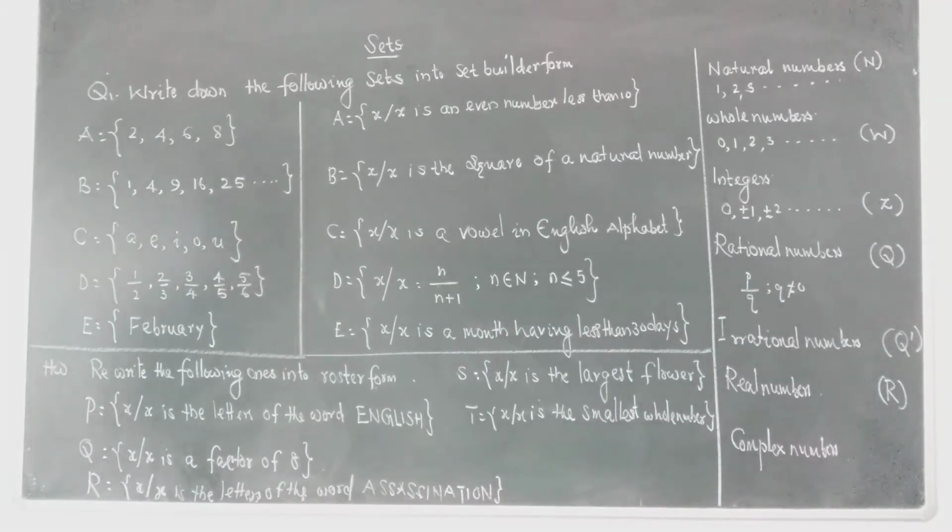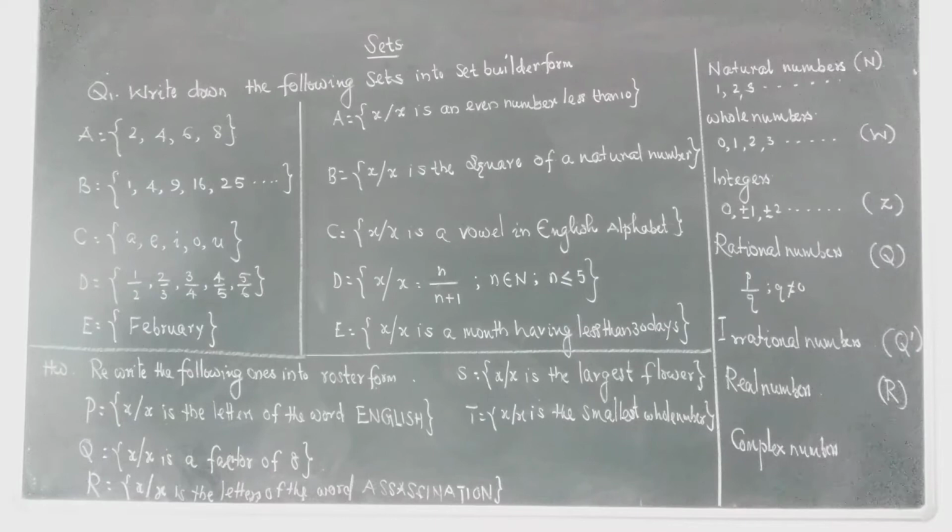When you talk about the natural numbers, the numbers like 1, 2, 3, etc., that we use to count things will form a set, known as the set of natural numbers.